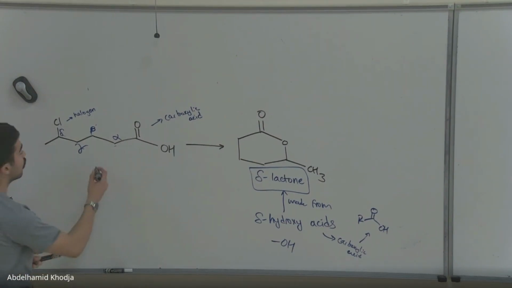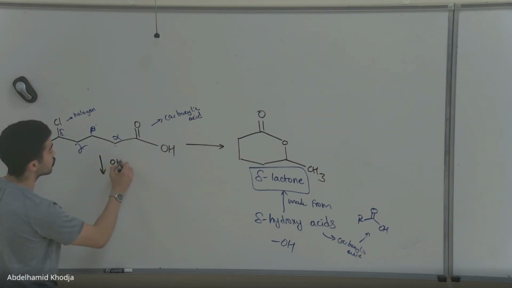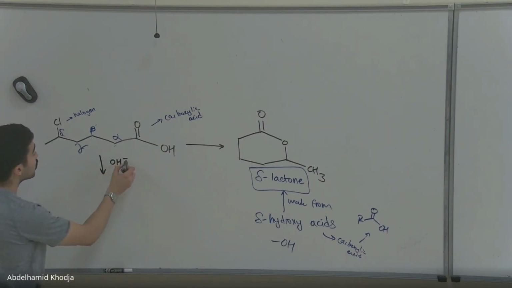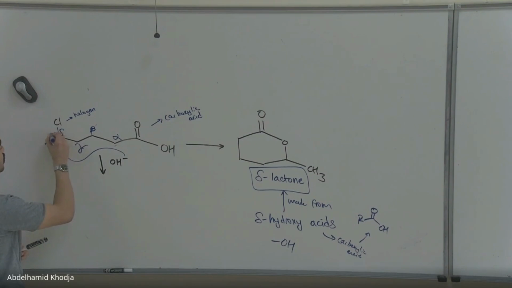How do we do that? Remember from organic 1? We can use a nucleophile. What's a good nucleophile? OH minus, from NaOH, for example. This will come in, replace the Cl, kick the Cl out.